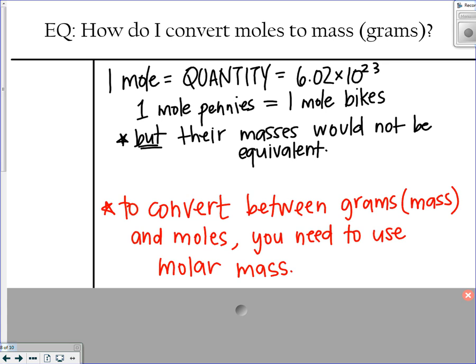We find their individual masses on the periodic table, and you round that to 1 decimal place. Then you multiply that individual mass by the number of atoms that we have, and then you add all those masses together. And if you don't remember how to do that, I would just encourage you to go back and look in your notes and make sure that you can remember how to do that.